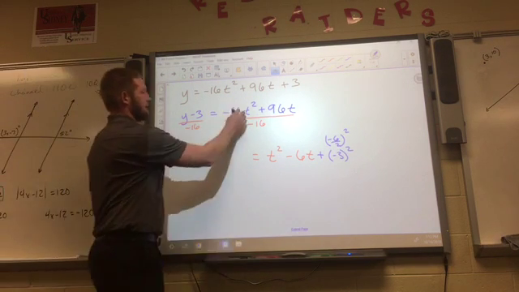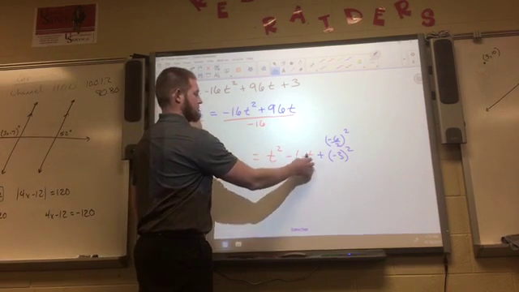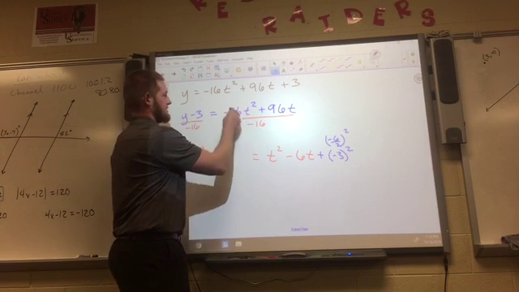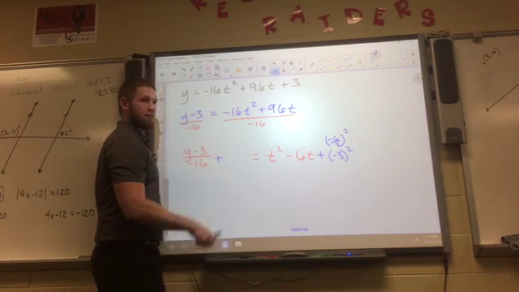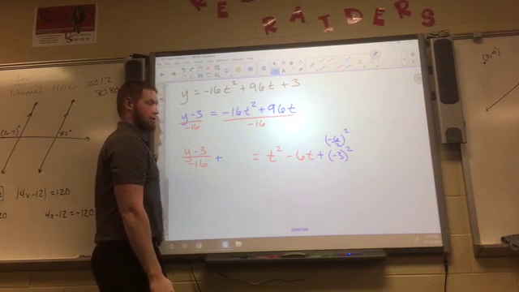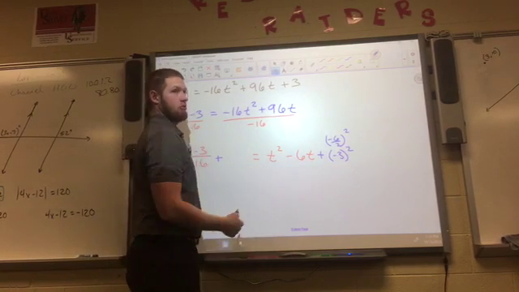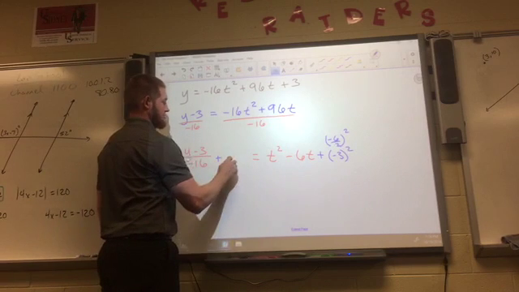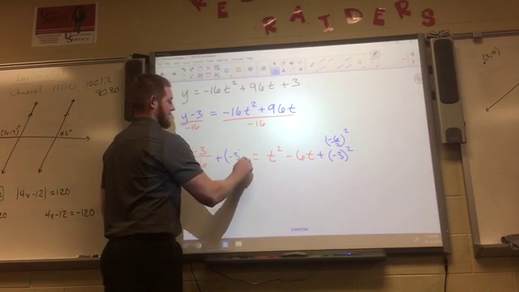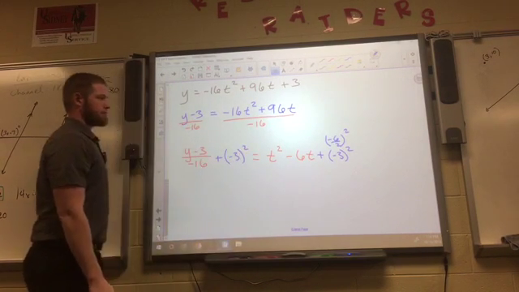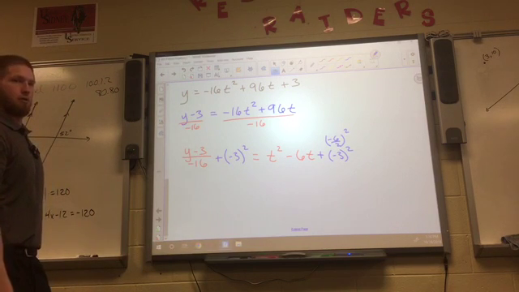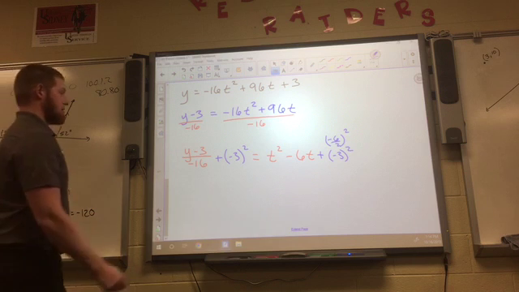Because I divided by negative 16, so this is my new B. When you divide by negative 16, you have to divide everything by negative 16. So we're just using what our actual B is now. I added that to the right side, so I need to add it to the left side. We okay so far?